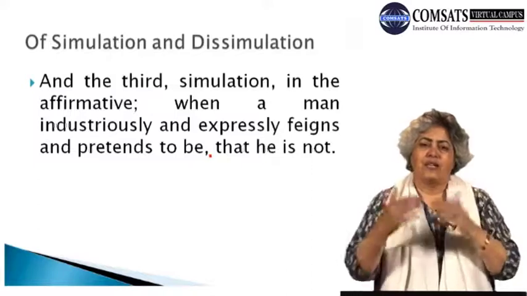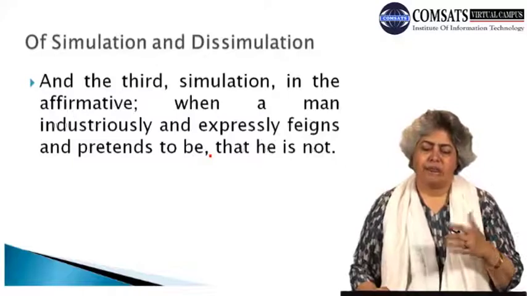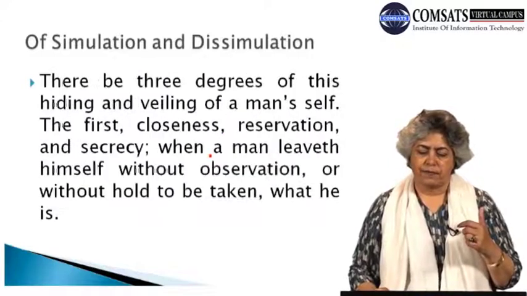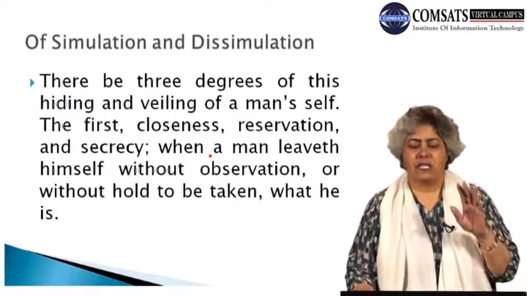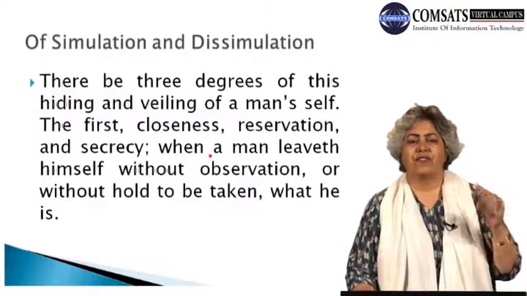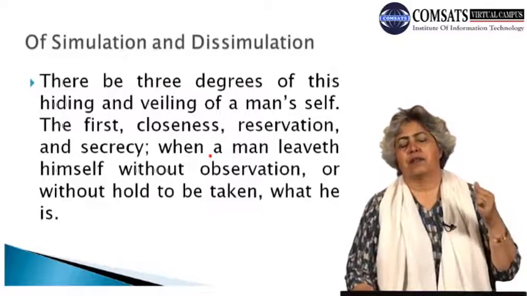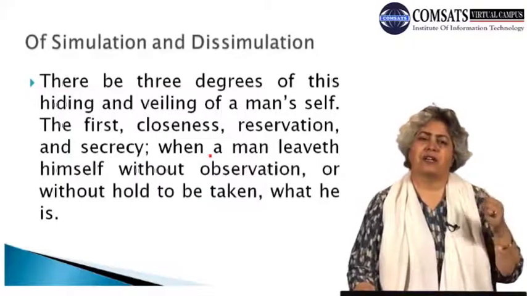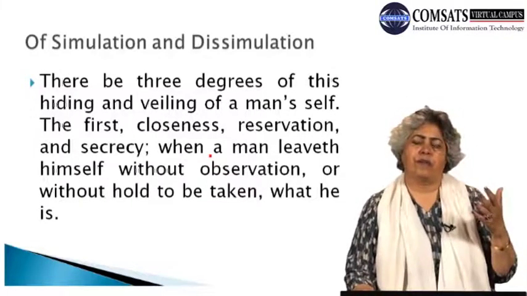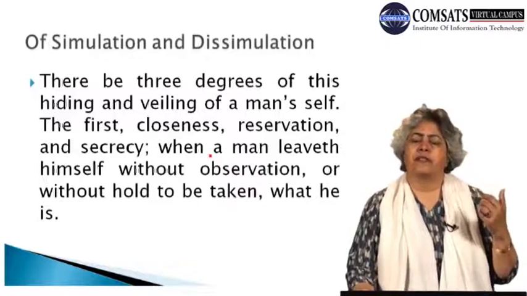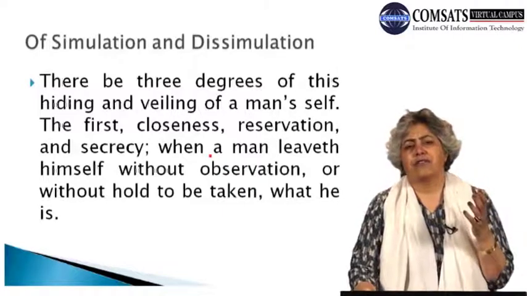Let's quickly go through this differentiation as Bacon has pointed out, okay? So he says basically these are the three degrees of hiding. The first is closeness. This closeness includes having a reserved attitude, not sharing things with other people, and generally being very, very secretive.